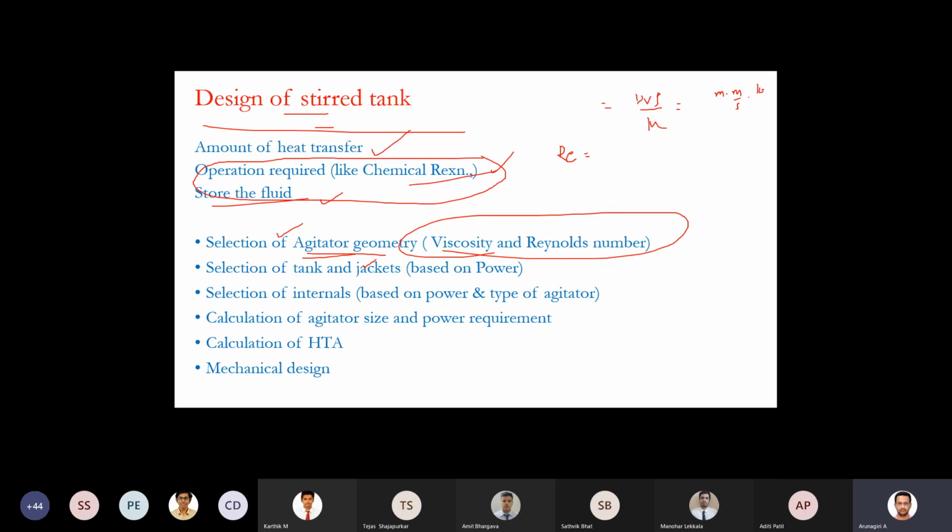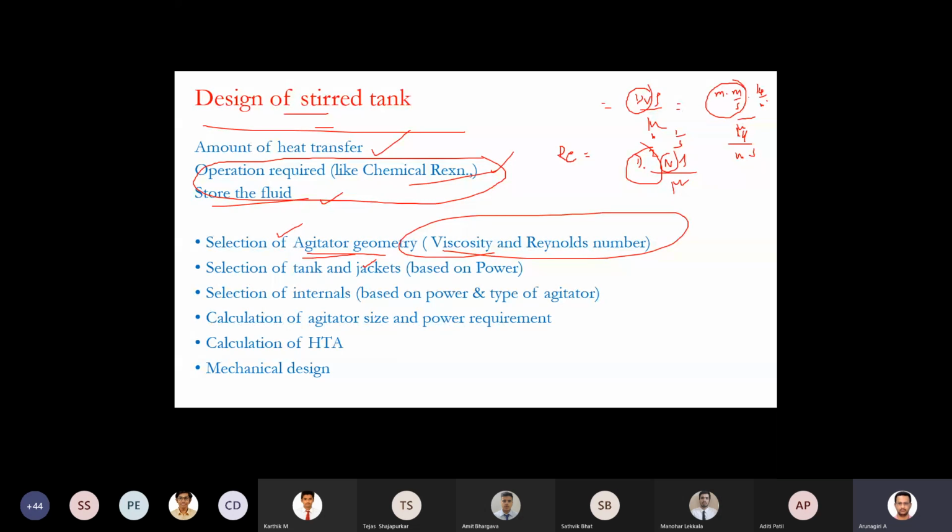Then rho is kg per meter cube, and mu is kg per meter second. So what you will say is D square N rho by mu, because N is 1 by second and D is in meters. So D into V will provide D square N.